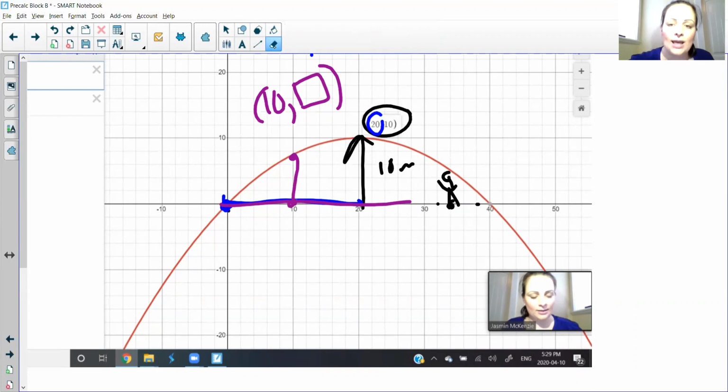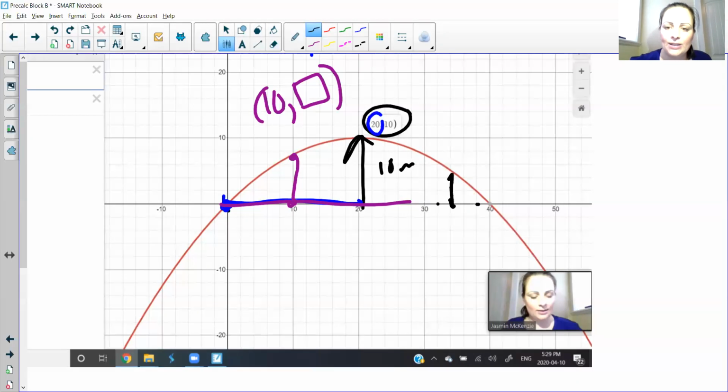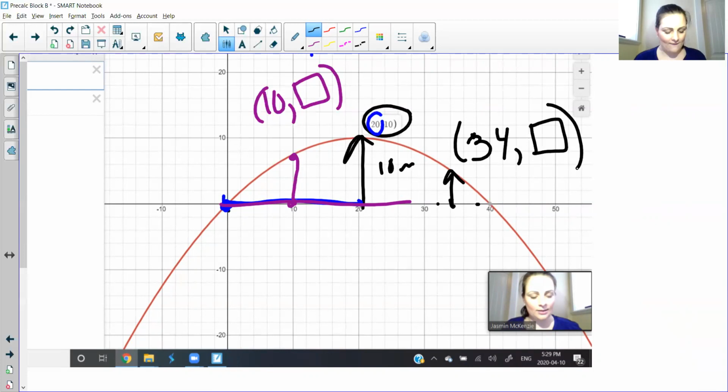In order to answer that question, you need to know what the height is right here. You need to know that height. Again, you just slide your finger across. You need to know what the height is when x is 34. Very similar to the other question, you need to find that value for y, and you should get the value of 5.1 meters.